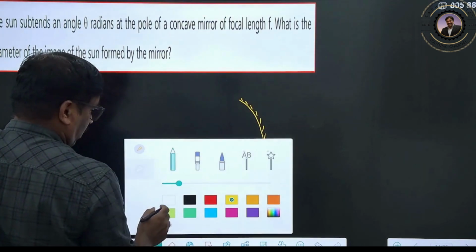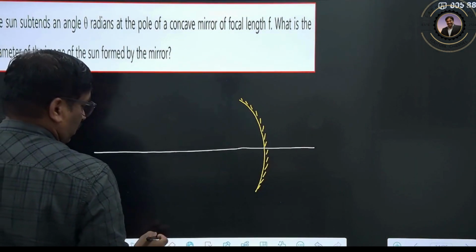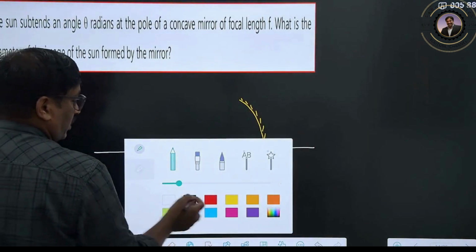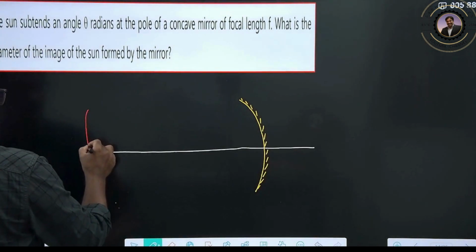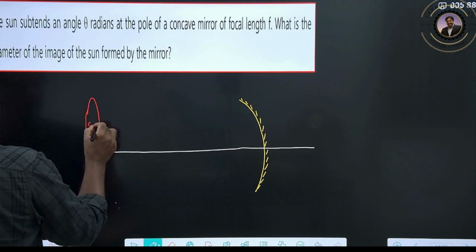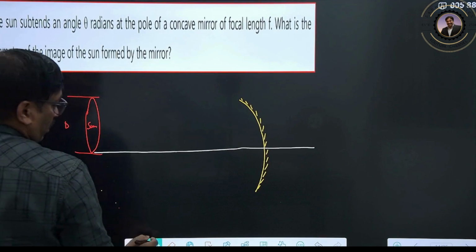Here it will be a concave mirror. Suppose here our sun is there, the sun is very far away, and this is the sun's diameter. Suppose the sun's diameter is d. Now, what happens?